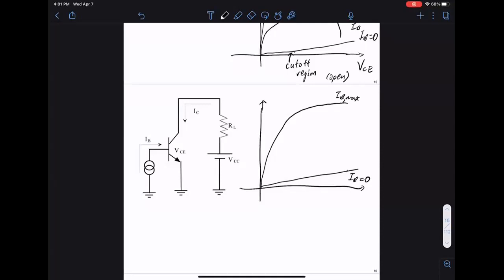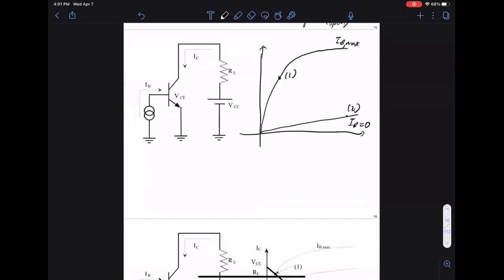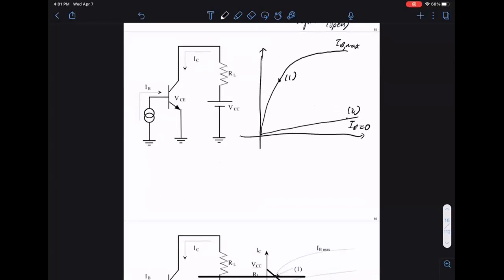Let's look at what happens around point 1 and point 2. At operating point 1, you're pushing a lot of current through this. This looks fairly close to a closed switch.